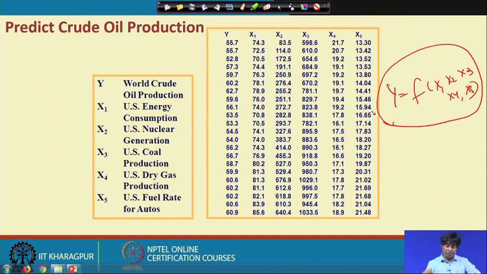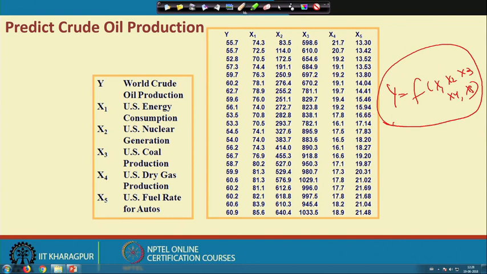If you could include all these 5 variables without a multicollinearity problem, then this is excellent, but if that is not the case, we will find the scenario or the good models where a larger number of independent variables will be there and they are free from the multicollinearity problem.